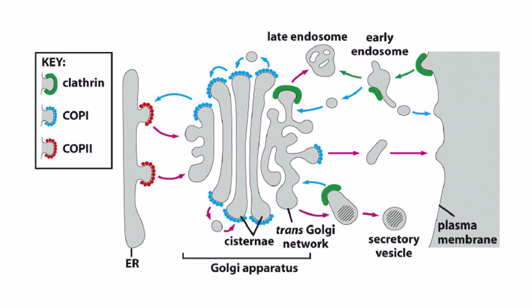Before coming to the next question, we will have a look at all these things. There are 4 major types of coated vesicles involved in transport between various organelles or the plasma membrane in the cell.